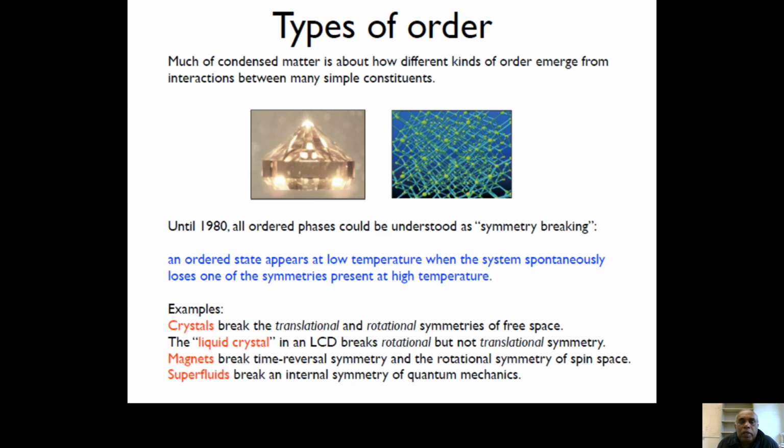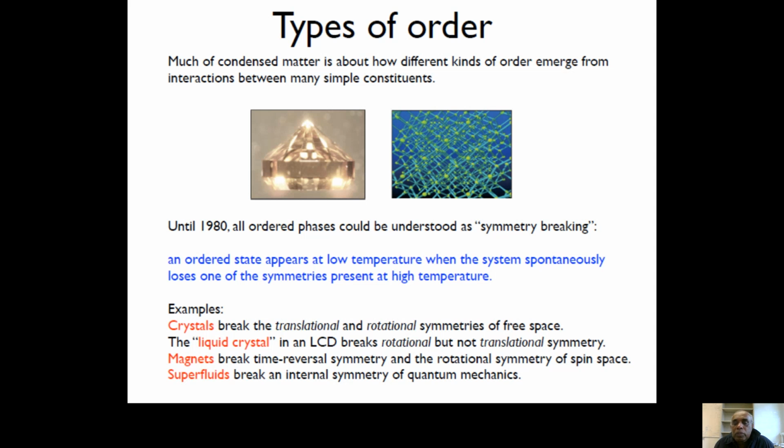Before we get started, let me talk a little bit about types of order. Order has been the cornerstone in many phenomena, right? So much of condensed matter is about how different kinds of order come from interaction between their constituents, what they are made of, like electron-electron interactions or electron-phonon interactions, or how these constituents interact with the outside environment.